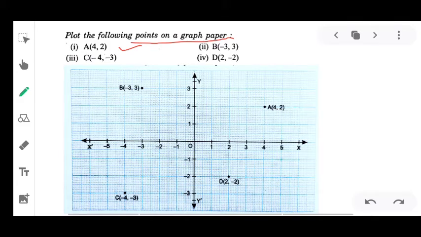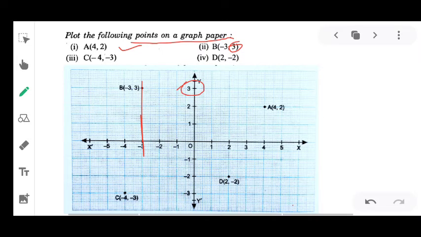Then the second is B, minus 3 comma 3. So minus 3 is the x coordinate, so at minus 3 draw a line parallel to the y axis. Then in minus 3 comma 3, 3 is the y coordinate, so find 3 on the y axis.